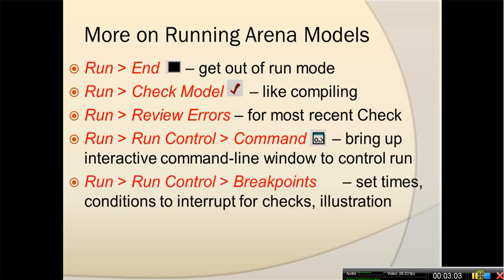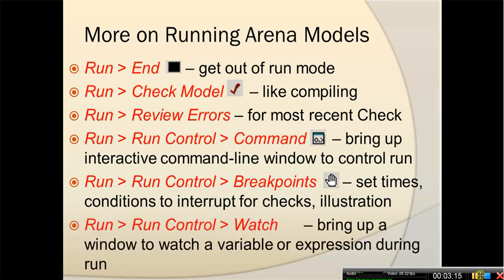We can also go Run, then Run Control, then Breakpoints, or press this button in order to set the times and conditions to interrupt for checks and illustration. We also can do Run, then Run Control, then Watch, or press this button, and this allows us to bring up a window to watch a variable or expression during the run.